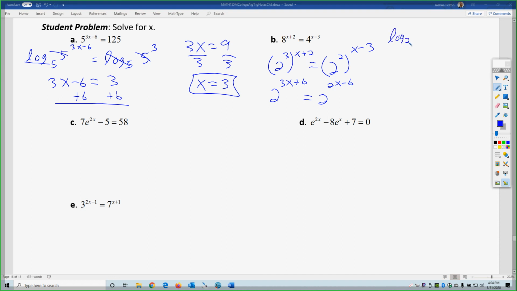Log base 2 of 2 to the 3x minus 6 and log base 2 of 2 to the 2x minus 6. Cancel, cancel, cancel, cancel. 3x minus 6 equals 2x minus 6. So if I move things over now, I get x, add 6, equals 0.